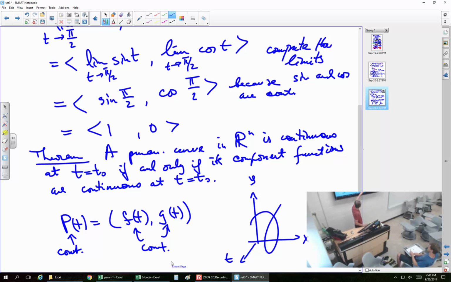It's like you're tracing out continuous curves on the x-axis and on the y-axis. Then if you take t out of consideration, the curve will still be continuous, because it's a curve in three-dimensional space, t, x and y, and to plot the path, you sort of collapse it like this.